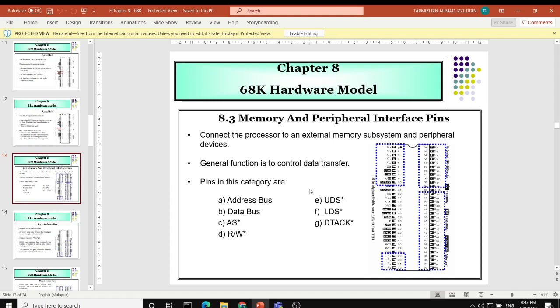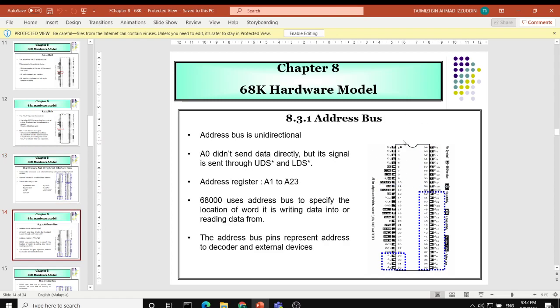Okay, so what is the address bus? The address bus is basically a bus. A bus is a collection of pins. You can imagine a bus as a collection of pins; you have many pins in the bus. The address bus is basically used to denote addresses on the bus. The address bus is unidirectional.